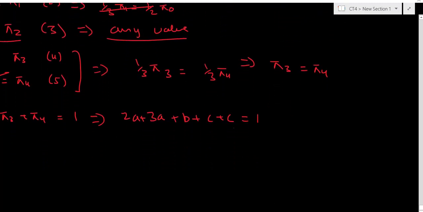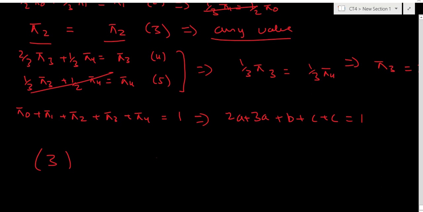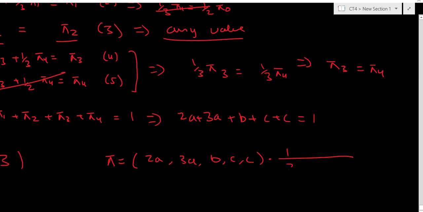So we know that this entire thing has to be equal to 1, right? So my value for the stationary distribution, that is pi, would now be 2a, comma 3a, that is the value of pi 1, comma b, comma c, comma c, and this entire thing has to add up to 1. So I'm going to divide this by this factor 2a plus 3a plus b plus 2c.